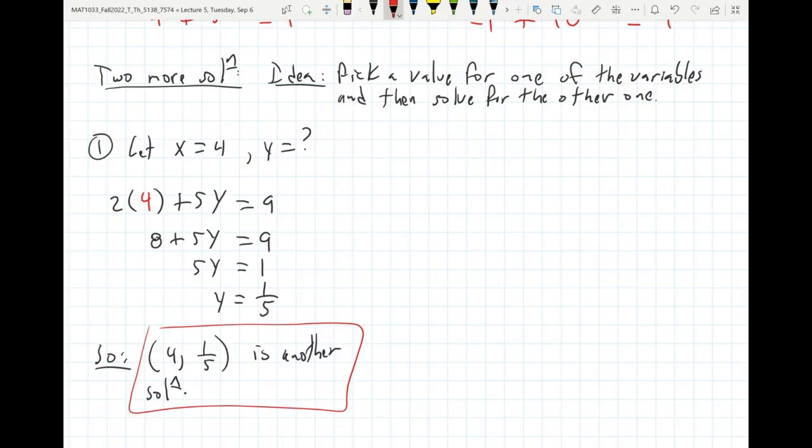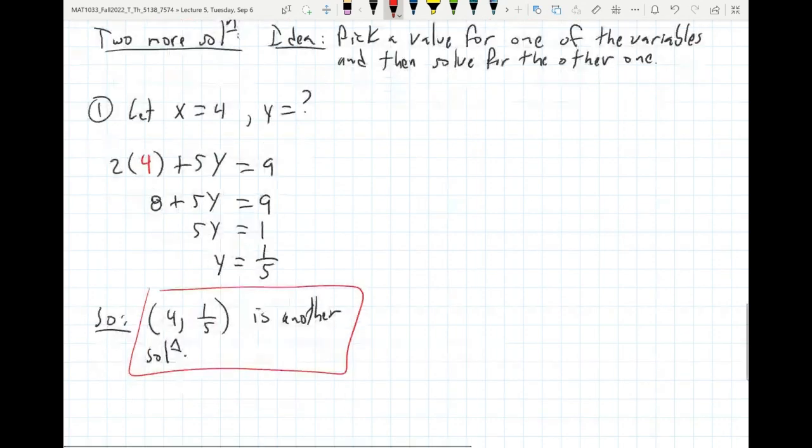Also, if I'm about to graph something like this, I wouldn't want to have stuff like this. So we'll talk about how we can avoid having fractions when it comes to graphing. Sometimes we cannot avoid it, but sometimes we can. This is fine, but for graphical purposes, you have to deal with this 1 over 5 business, which is a tiny little thing, 0.2, right? So that's one solution.